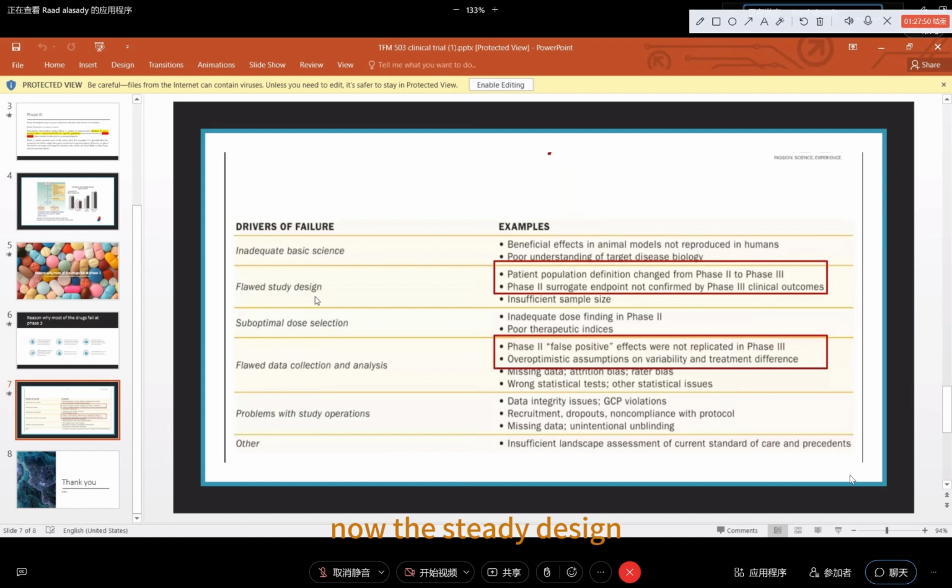Flaws in the study design, data collection and analysis, a problem with the study option. Some examples of this problem.